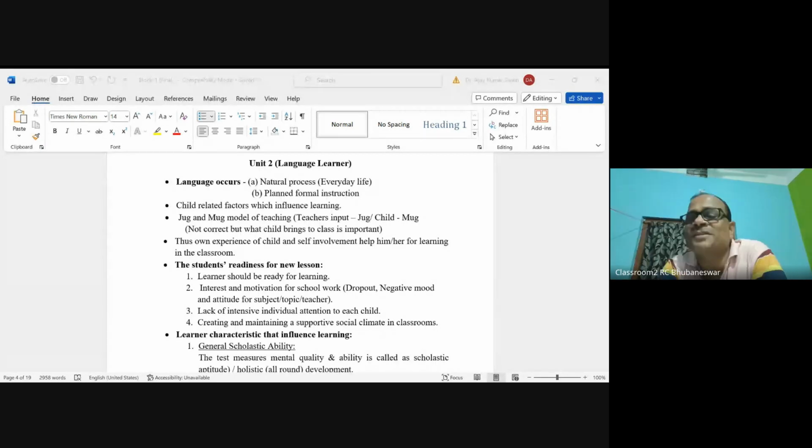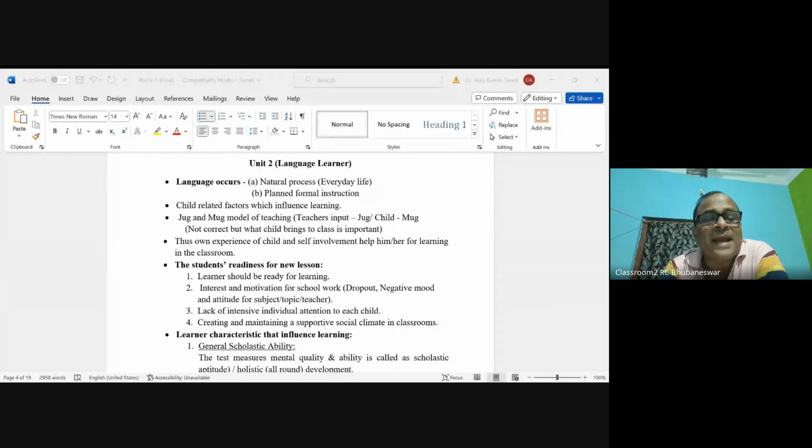Different terms like addition, subtraction, in science, in history, a number of terms we are also listening to and reading. That is planned formal instruction. Through natural process and planned formal instruction process, the students acquire language ability.